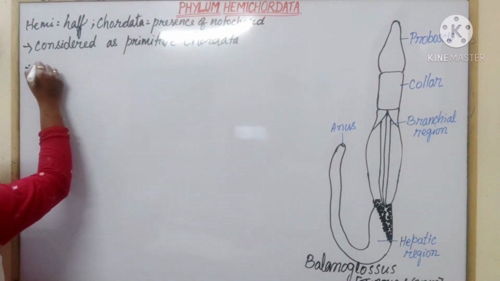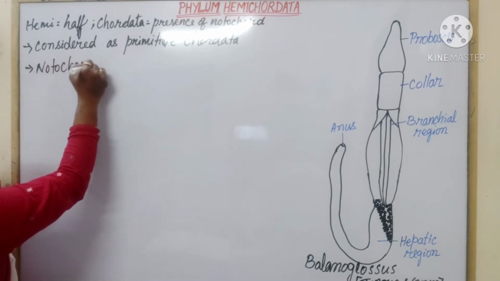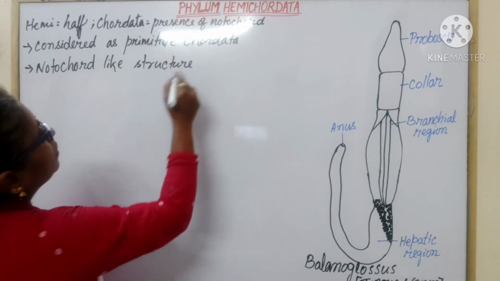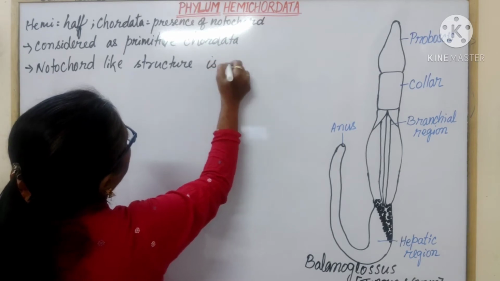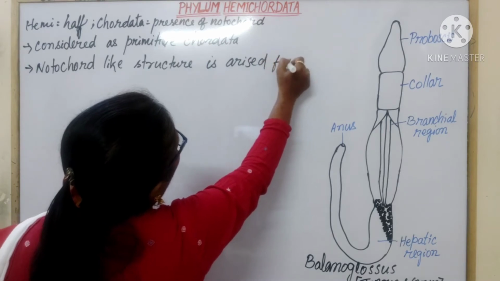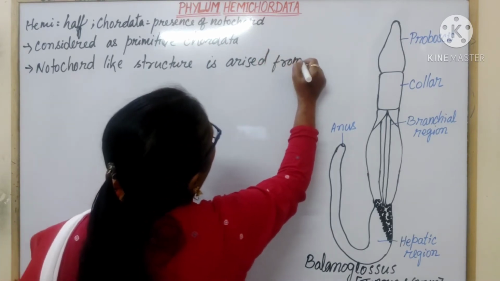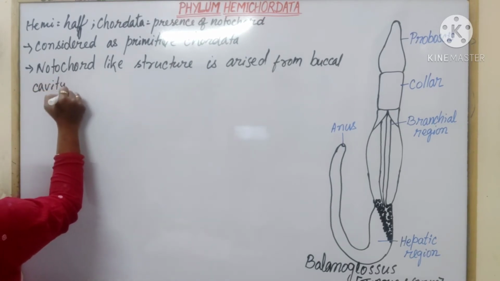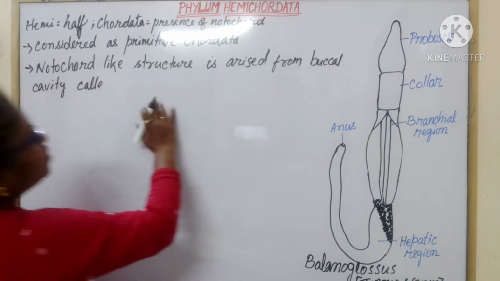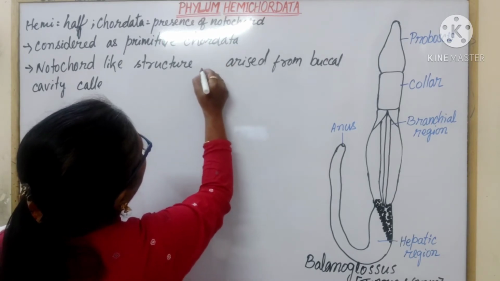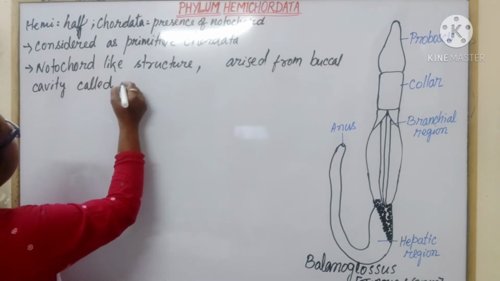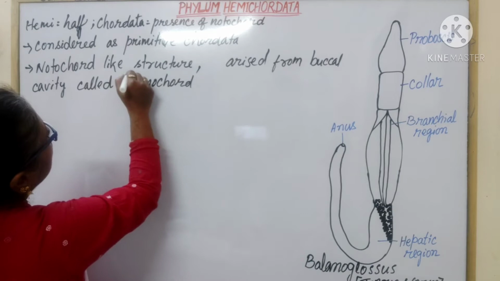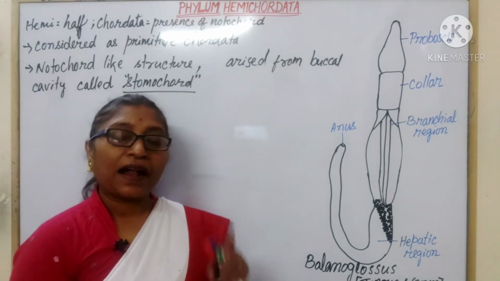A notochord-like structure arises from the buccal cavity, called the stomochord, extending into its anterior region.